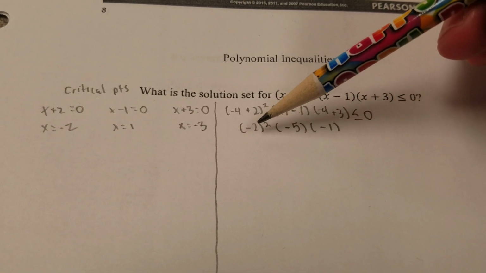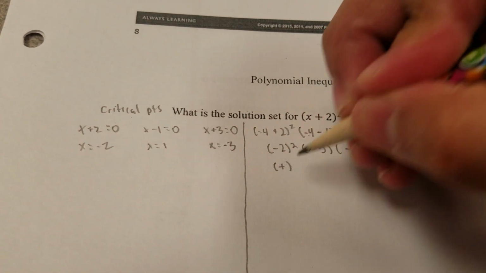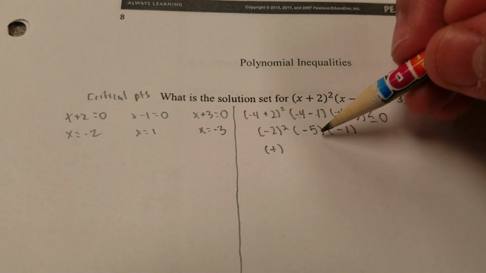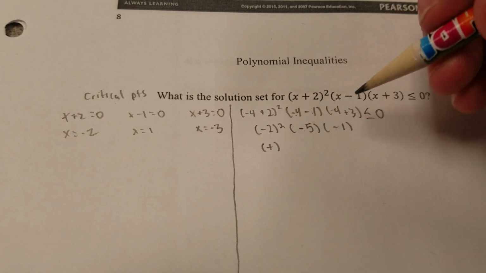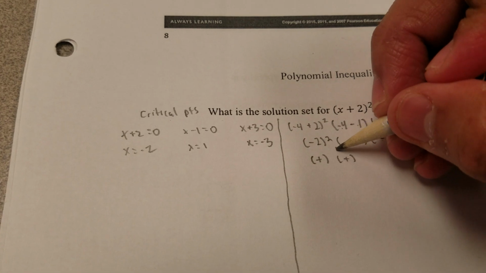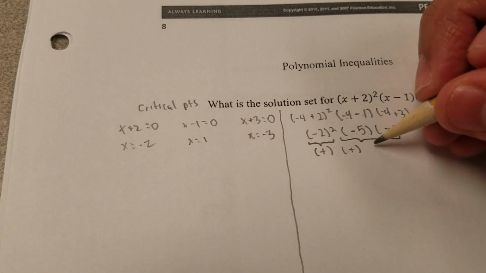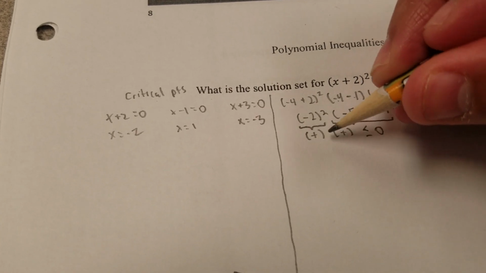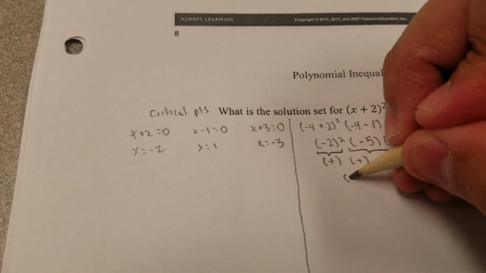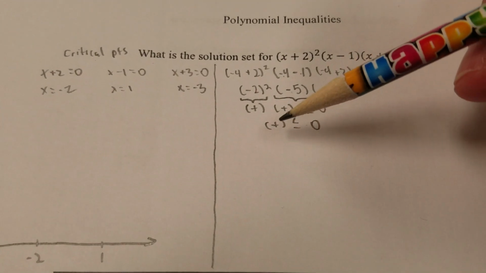If I square -2, -2 times -2, it turns positive. If I multiply these two negative numbers, it's a positive. And if I multiply these two positive numbers, that's a positive. So what I get is a positive number.